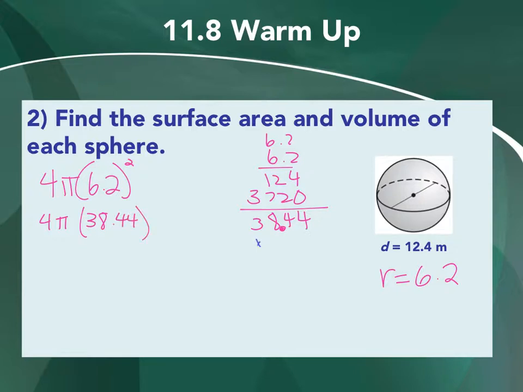Multiply that times 4. Move my decimal twice again. So 153.76 pi meters squared.